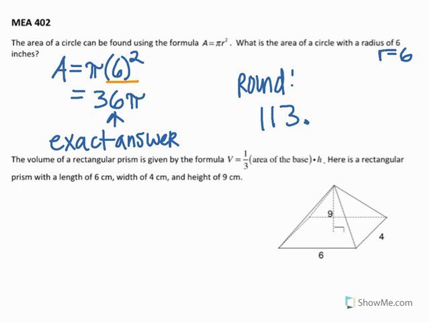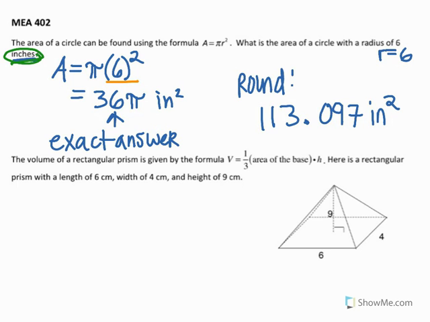So we get 113.097, and we're going to use our units, and we're talking about area, so it's going to be inches squared. So this is the rounded answer, while 36 pi inches squared is our exact answer.